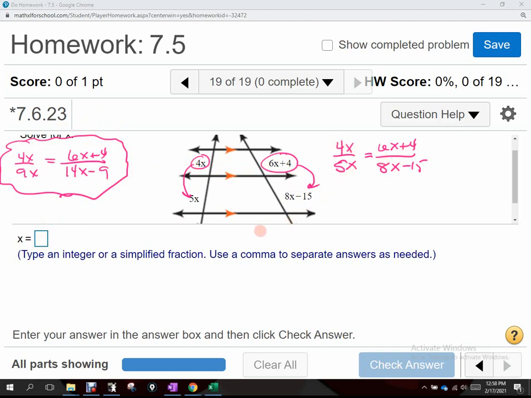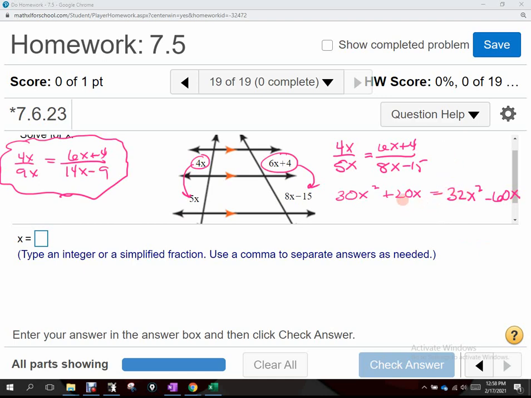But regardless, if I cross multiply, I get 30x squared plus 20x equals, then multiply here, I get 32x squared and then negative 60x.